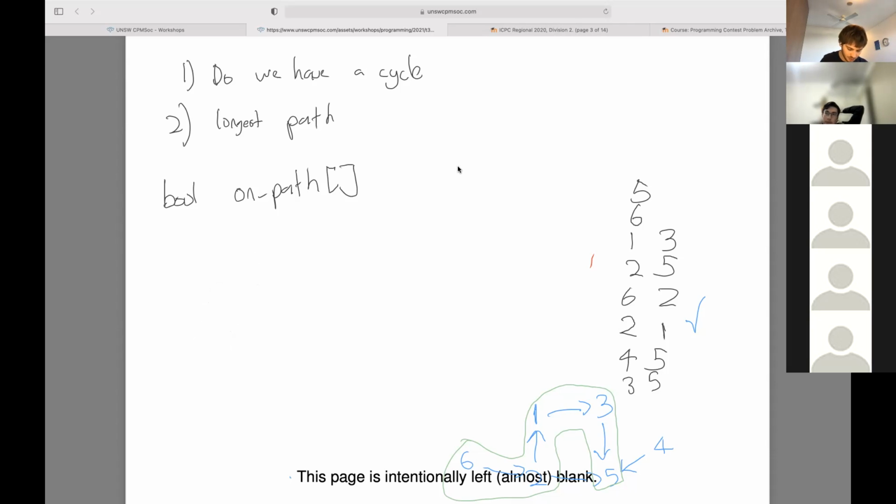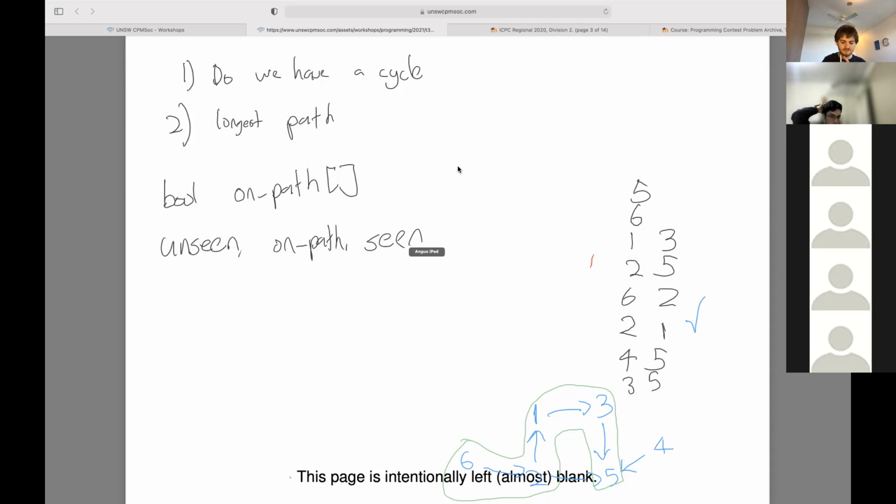Now, one nuance of this DFS is that we're doing more than one DFS, because obviously 1 will only visit 1, 3, and 5, but there might be a cycle involving 6, 2, and 4. So we do a DFS starting at every vertex, except we put the vertices into 3 categories: unseen vertices, on-path vertices, and seen vertices that aren't on a path.